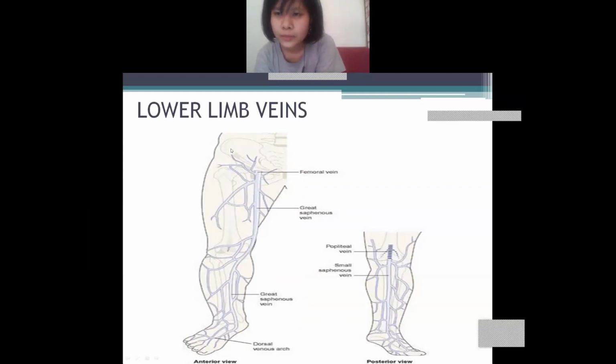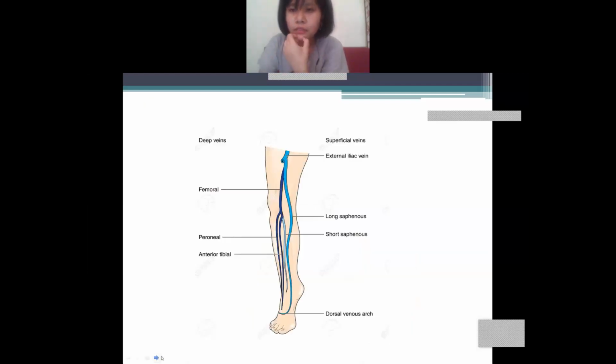So from the inguinal ligament, the femoral veins arise. This is the inguinal ligament, and from here the femoral vein arises. Understand? Did you understand till here?